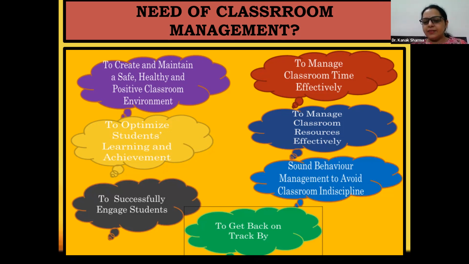And next is sound behavior management to avoid classroom indiscipline, that we are seeing in the pictures, that students were doing something, somebody is playing with the aeroplane, the teacher is there, but they are doing it. So why was it happening there? Because there is some problem with the classroom management of that teacher.